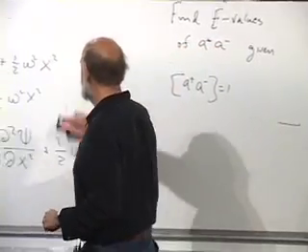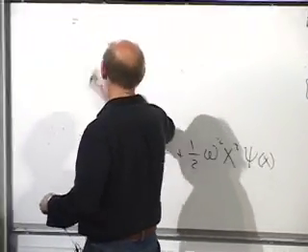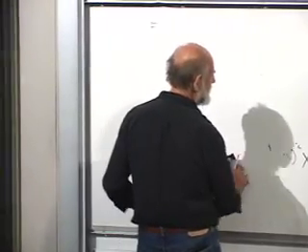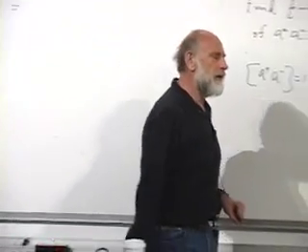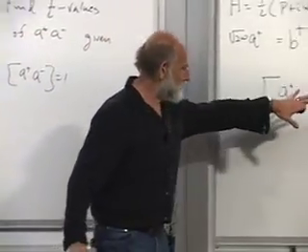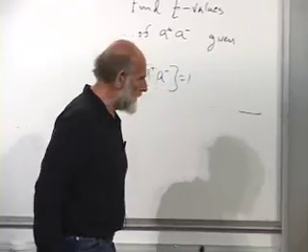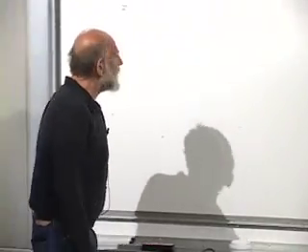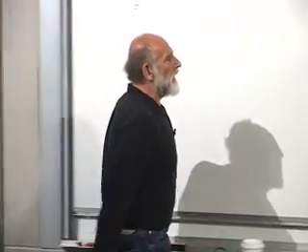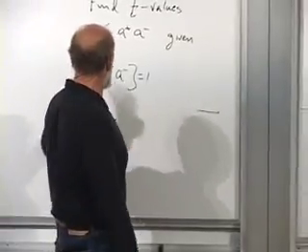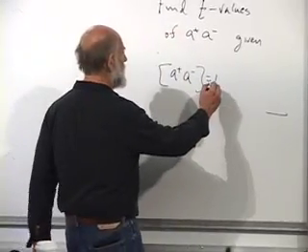Which is what happens if you define it the other way around. Let's not press our luck. Let's just say it's minus 1, and if it turns out wrong, we'll find out. Okay, that's our problem. A plus A minus equals minus 1.